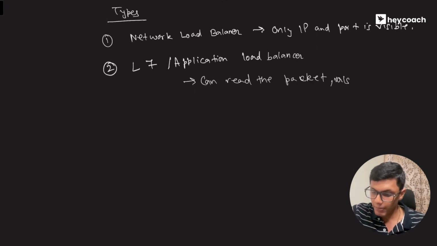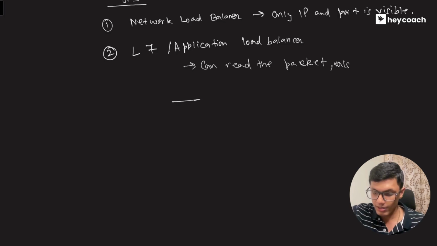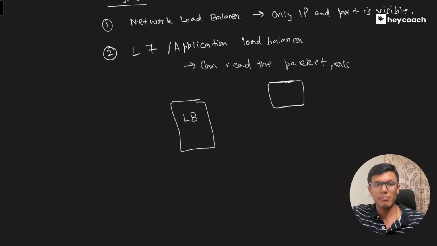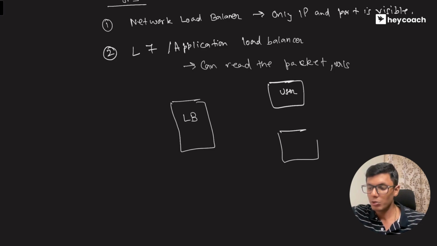So for example, this is your load balancer, and you have a lot of microservices. Like for example, there is a user profile service and a photos service. Let's say there are two services, right?